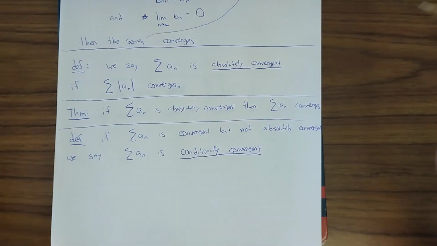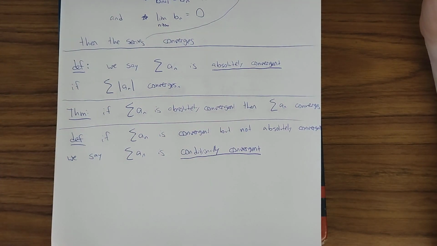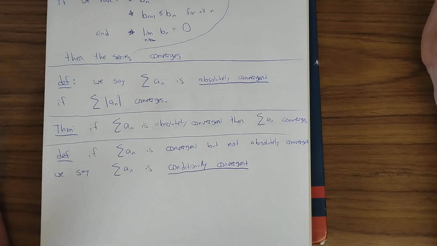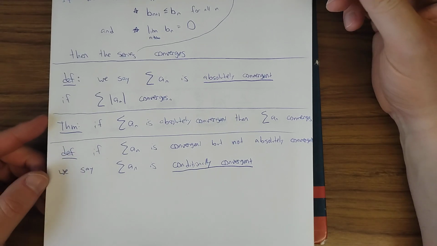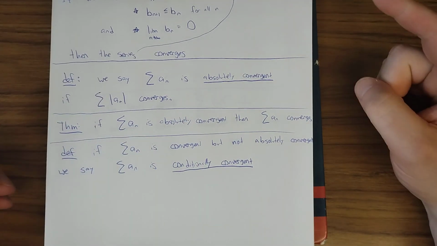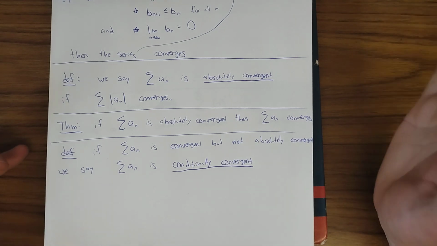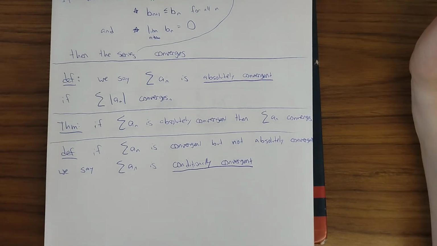Then we call this original series conditionally convergent. So there's a new type of question I can ask you, which is whether a series is absolutely convergent, conditionally convergent, or divergent. There's three choices.